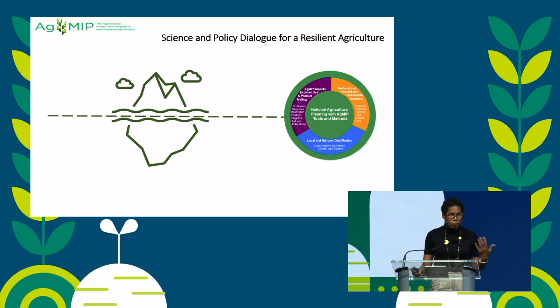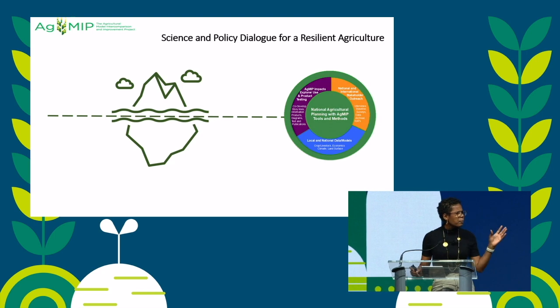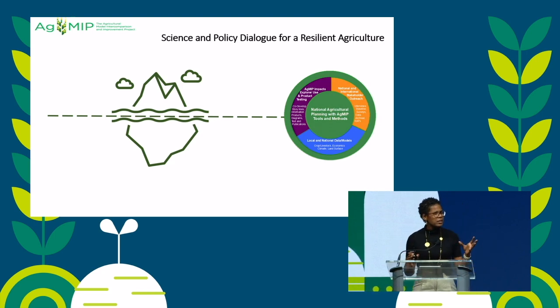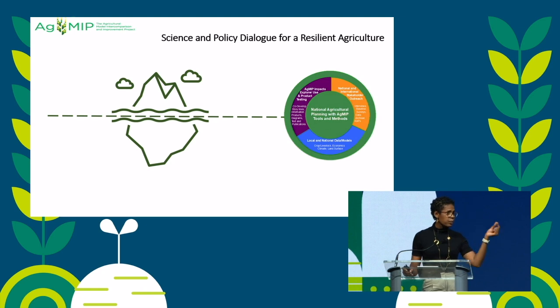Techniques, tools, all the really brilliant maps, animations that have been presented by Karen and Alex are here to improve climate change adaptation, yes, but this is only the tip of the iceberg.